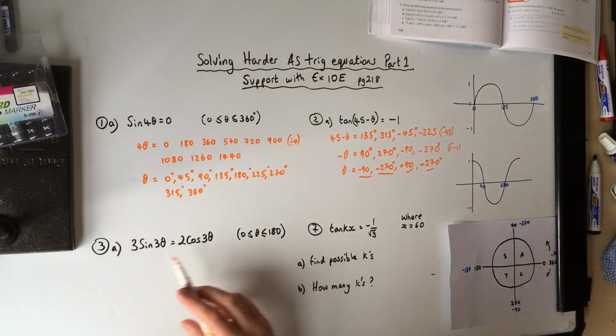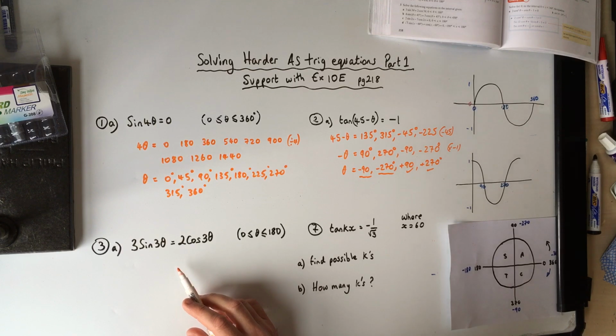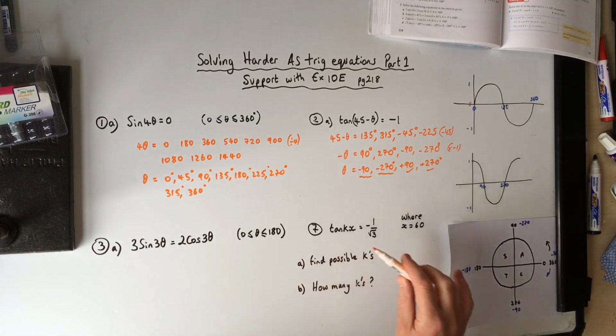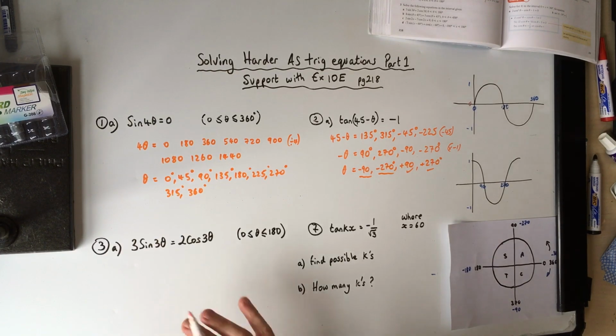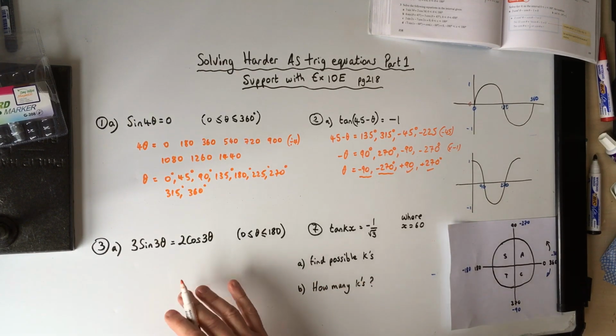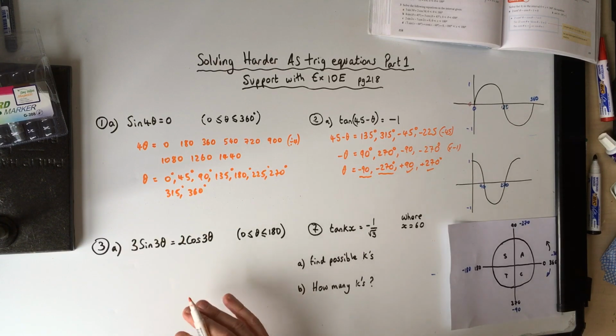All the question 3s are similar to this, and actually they're all very similar until you get to the last one. Question 7 in the exercise is a little bit different but fairly straightforward, so I'll explain that one to you as well. Do have a go before you watch me do them. If you're doing these now, put it on pause and have a go at 3A first before you listen to me.